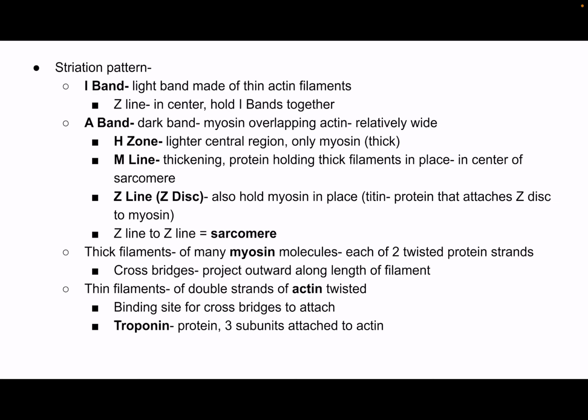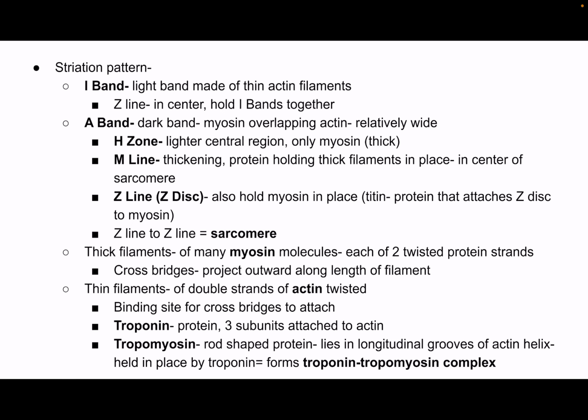Well, on the thin filaments, we have two things here. We have troponin and tropomyosin. Let's start with the tropomyosin first, although it's below. The tropomyosin is this protein that wraps around the actin molecules, and it's in the grooves of those little pearl-like structures.